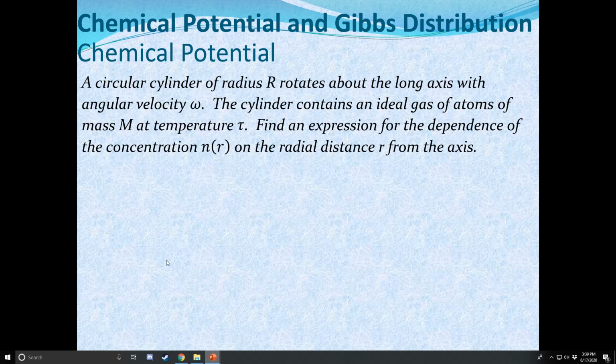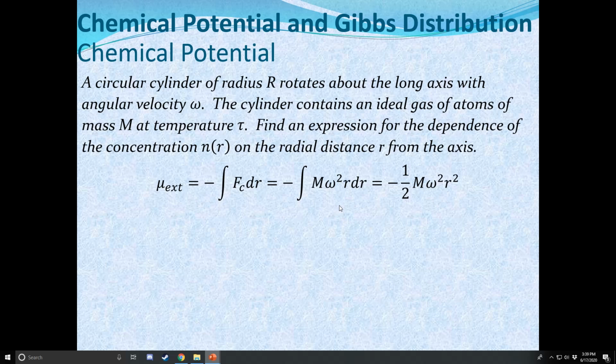All right. So from here, they want us to find the concentration as a function of radial distance from the center, and we have something that's spinning around. So we're going to have to come up with an equation for this.